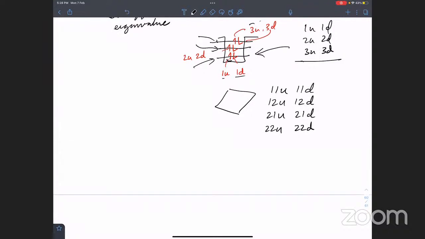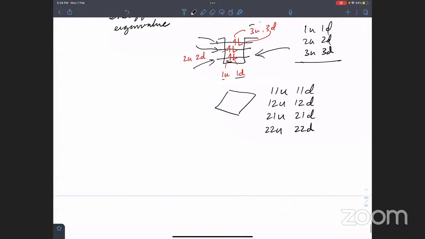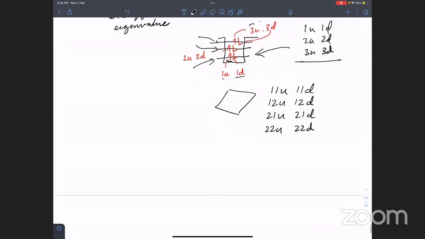Right. So now, maybe these three states could have the same energy. In fact, maybe 1 2 and 2 1, it is easy to expect that they have the same energy, because if my shape is symmetrical, then quantum numbers 1 2 and 2 1 should have similar energy.